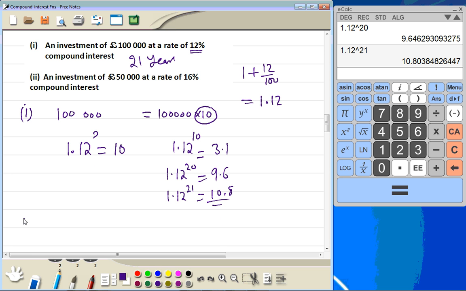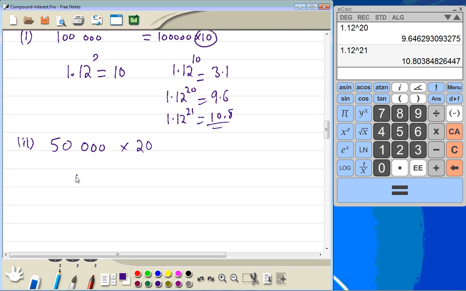Similarly for part 2, this time we only got 50,000. So now we need to multiply by 20 to get million, and 16%, this means the factor is 1.16.